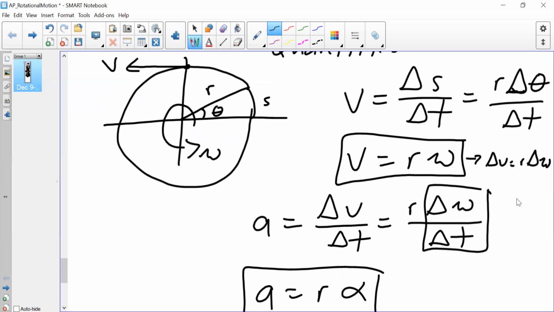Spin it, rotate it, and it moves as one unit from this center of mass. Center of mass moves linearly, which is a depiction of the linear motion, and it rotates.